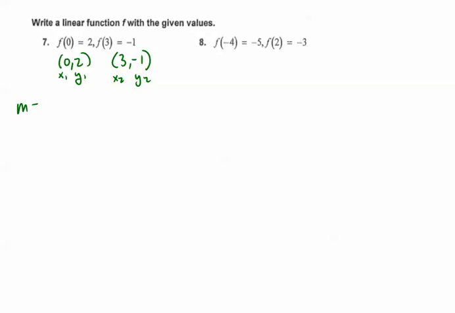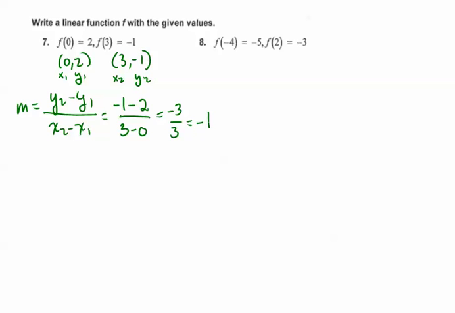First, I need to calculate the slope. y2 minus y1 over x2 minus x1, and y2 is negative 1 minus y1 is 2. x2 is 3 minus x1 is 0, and so we get negative 3 over 3, which is a slope of negative 1.